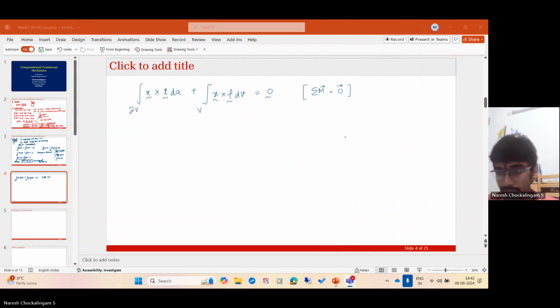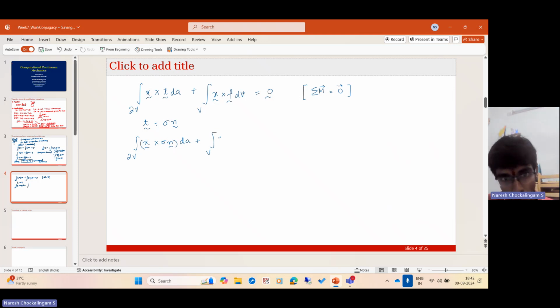Starting with this, again, you can replace T as sigma n, which means integrated over the surface, x cross sigma n dA, plus integrated over the volume, x cross f dV, is equal to 0.